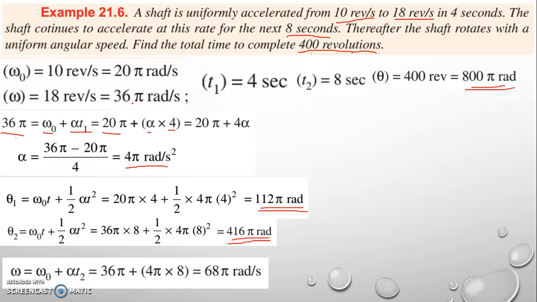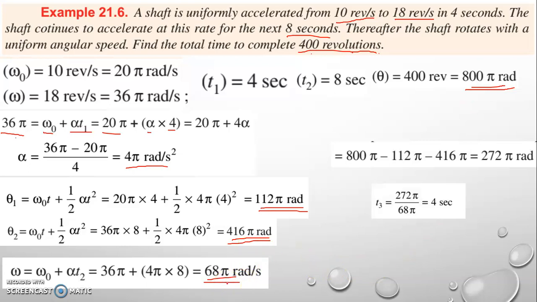The body will continue with this uniform velocity for the remaining distance. The remaining distance can be obtained by subtracting 112 pi and 416 pi from the total distance to be traveled. So the distance to be traveled is 272 pi. This will be traveled with a uniform velocity of 68 pi. So the time taken is 272 pi divided by 68 pi, which is 4 seconds.